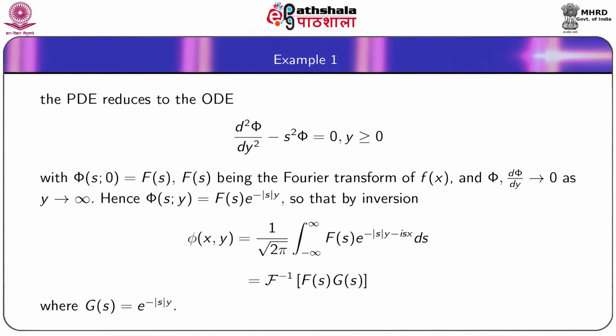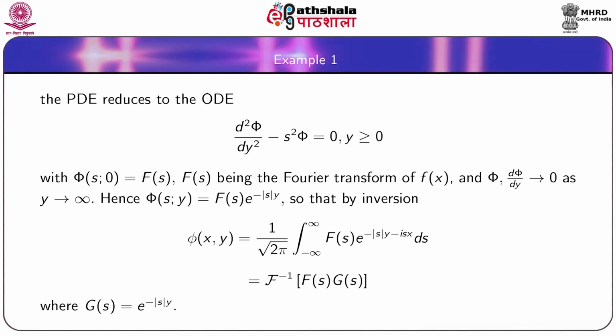Here capital G(s) is the Fourier transform of the function e^{-|s|y}.